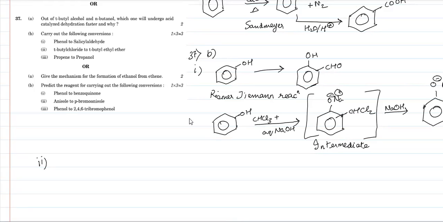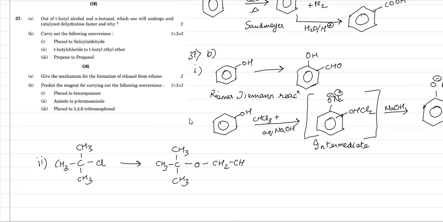Okay, tertiary butyl chloride to tertiary butyl ethyl ether. So let's first draw the tertiary butyl. CH3, Cl, because you have tertiary butyl chloride, and this has to get converted to tertiary butyl ethyl ether. So you have CH3, CH3, CH3, O, CH2, CH3.